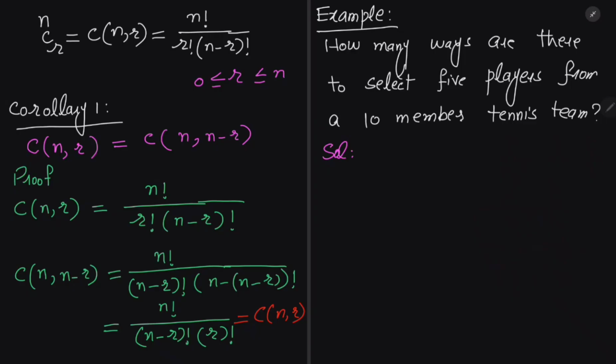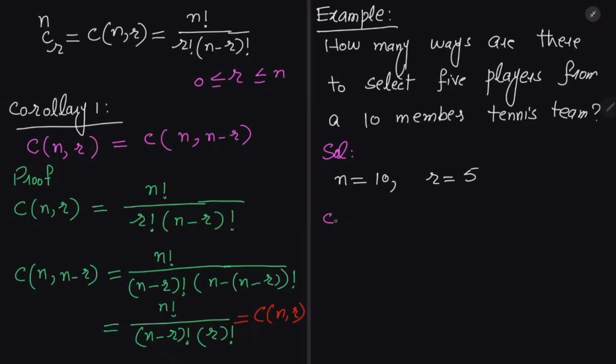We need a distinct team that we can make from a 10 member tennis team. So in that case, we identify n is equal to 10, r is equal to 5.